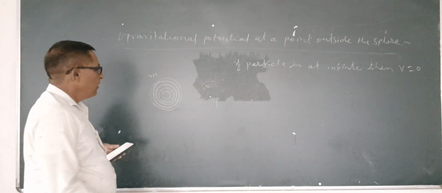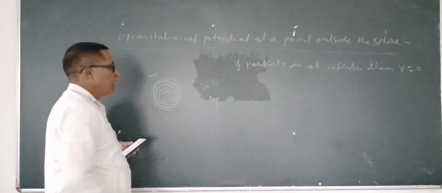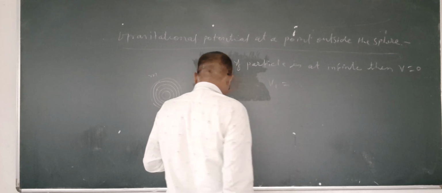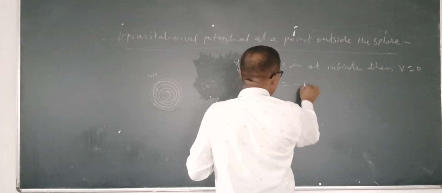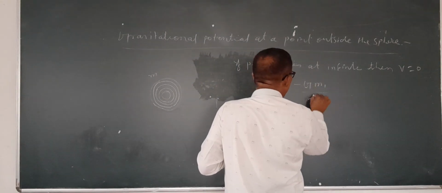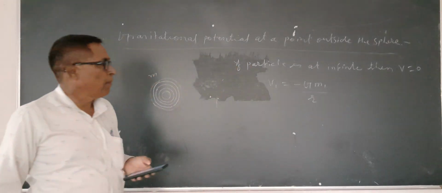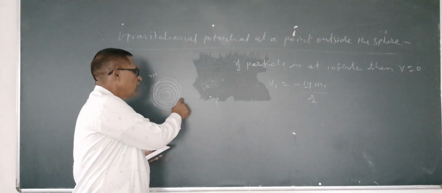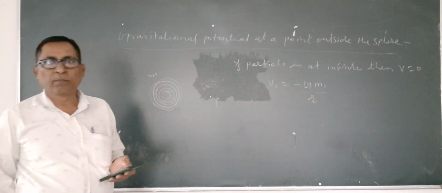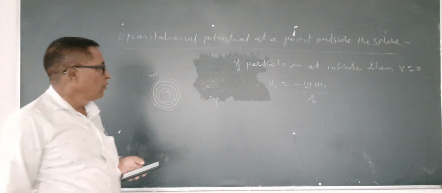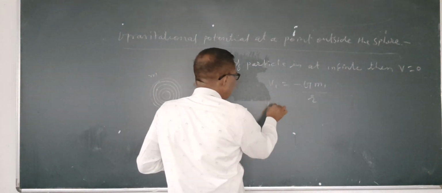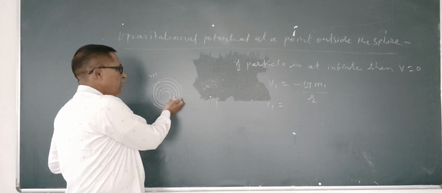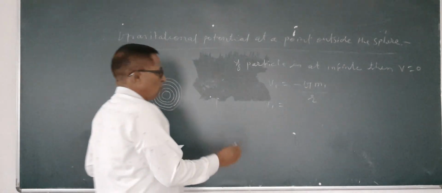Therefore, the potential at point P due to this cell number 1 is V1 equals minus G into M1 upon R, where M1 is the mass of the cell and R is the distance between this cell and this particle P. In this way, we can calculate the potentials for the second cell, third cell, fourth cell, and so on.